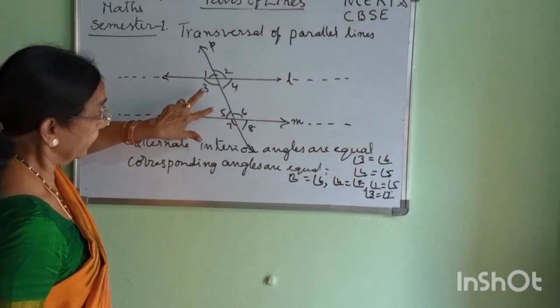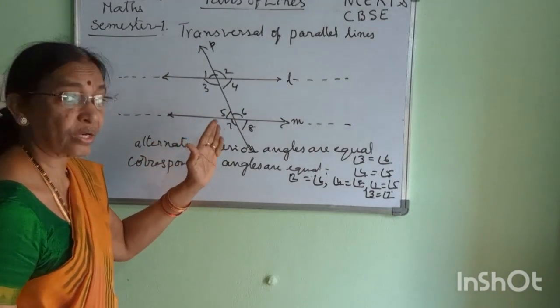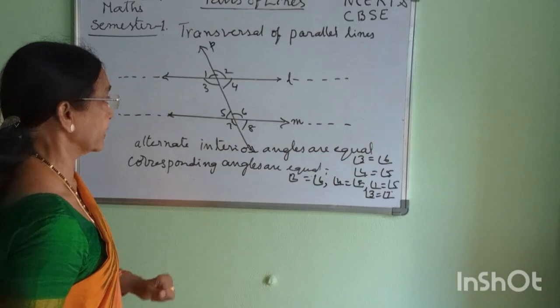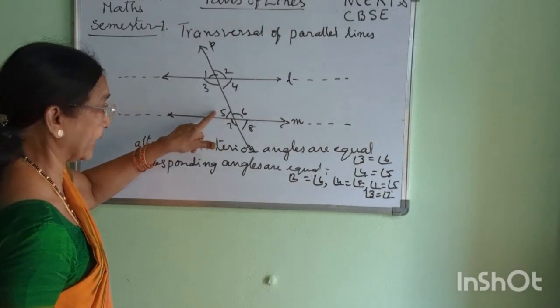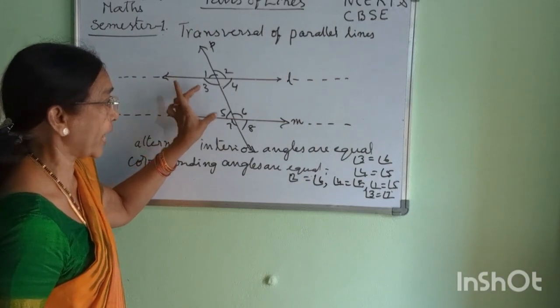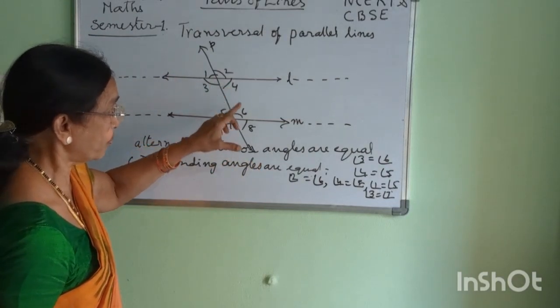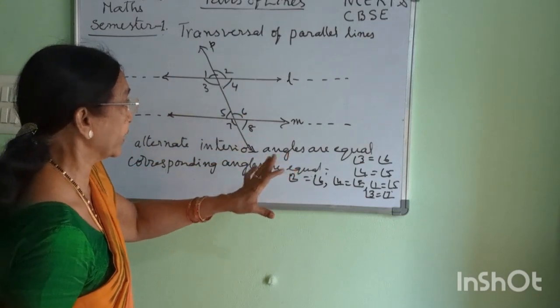Each pair of interior angles on the same side of the transversal are supplementary angles. That is, angle 3 and angle 5 are supplementary. That means the sum of these two angles is equal to 180 degrees. Similarly, angle 4 plus angle 6 is equal to 180 degrees.